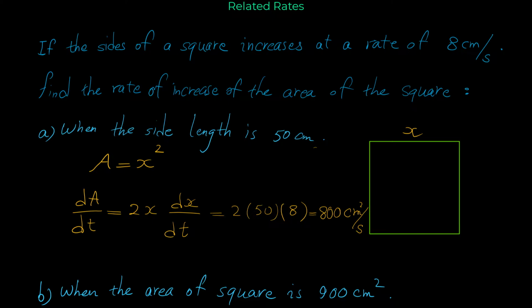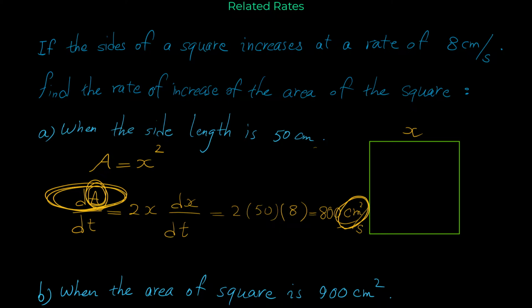Attention, for writing the unit of the rate of change, the numerator shows the unit of numerator here. What do we have in the numerator here? Area. What is the unit for area? Centimeter square or meter square or kilometer square.